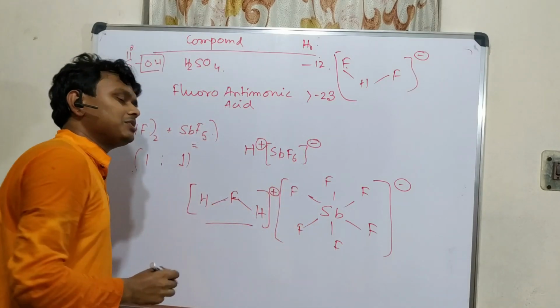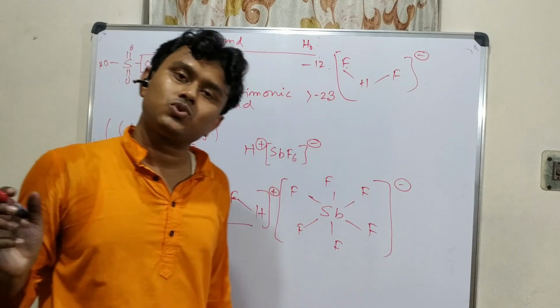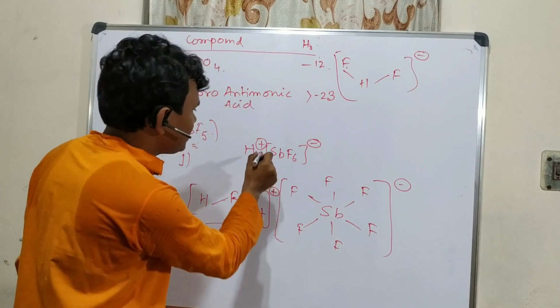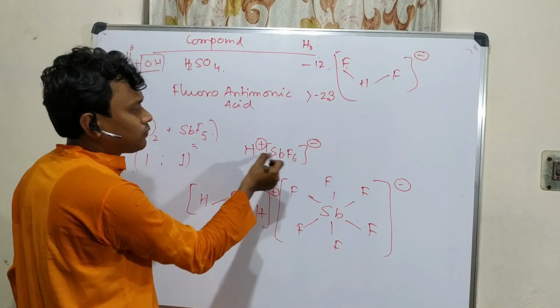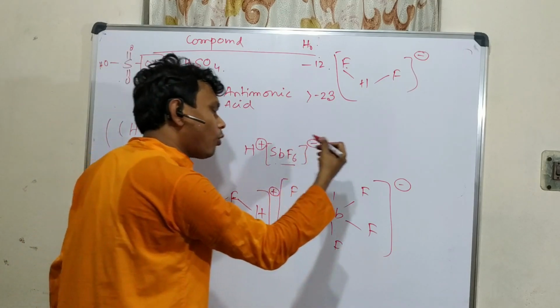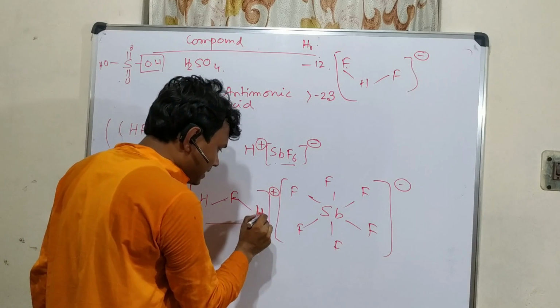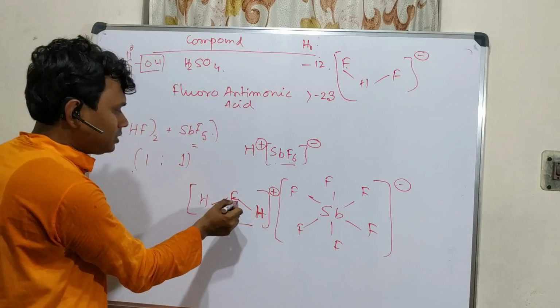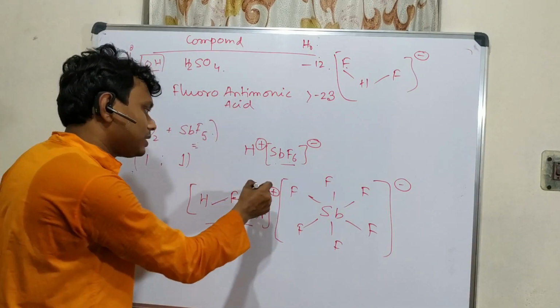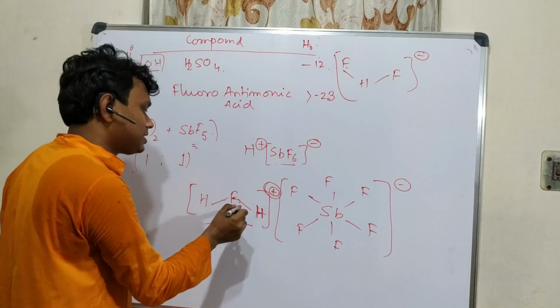Actually, it depends on the stability, because a bare proton is extremely unstable, and that's why it will try to take one fluoride from here to make the complex stable. That is why this proton is stabilized by hydrogen bonding with this fluoride, and that's why this charge is stabilized.